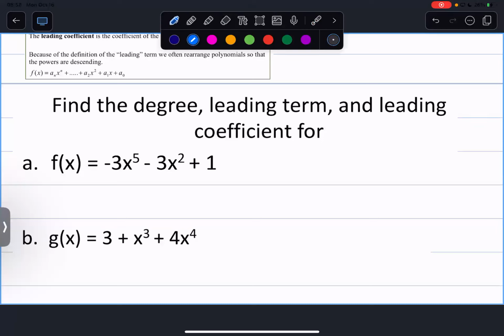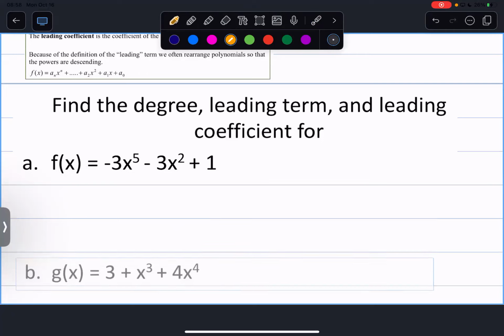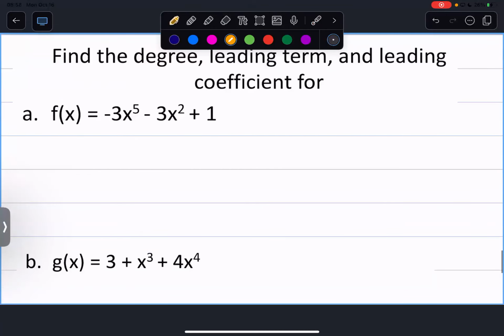So we wanted the degree. The degree of this thing is 5, right? Knowing that, what do you expect the end behavior to look like? It's kind of a bad one because it's also a little switcheroo on the x-axis.